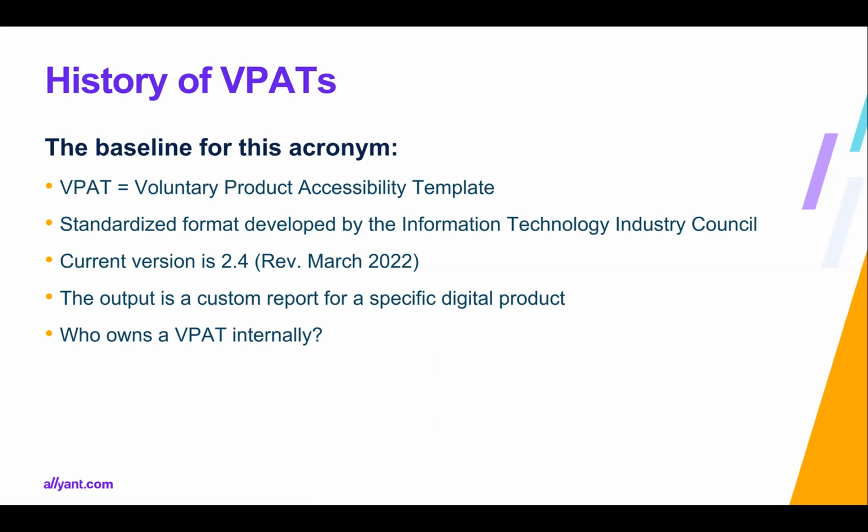I don't think there is one internal champion for accessibility or procuring accessible products. I think it's the procurement team. I think it's the accessibility team. It's likely marketing teams, IT, digital. I think accessibility holistically, not just for VPATs, has to be owned by a lot of different team members to really drive success.